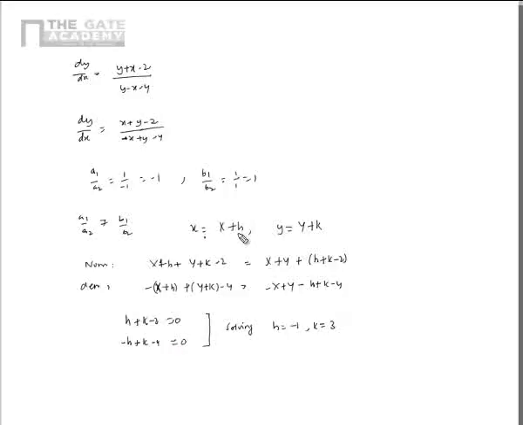So small dx is capital dX and small dy is capital dY. So basically dy by dx is basically capital dY by capital dX. Now let's substitute in the star equation.